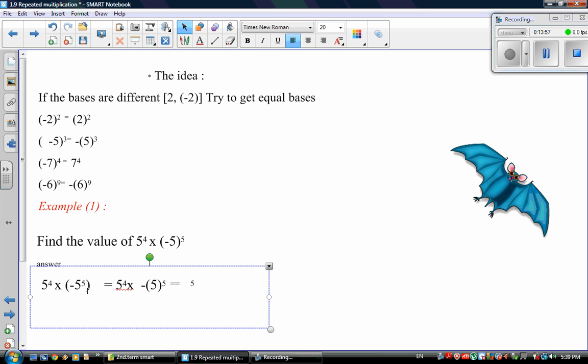So we can add the powers now. We can write 5, which is the base, and then we can add the powers. As you know, in case of multiplying equal bases, we add the powers. So 4 plus 5 will be 9, but don't forget to put this number between two brackets.